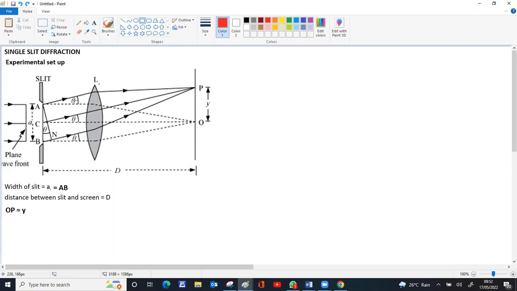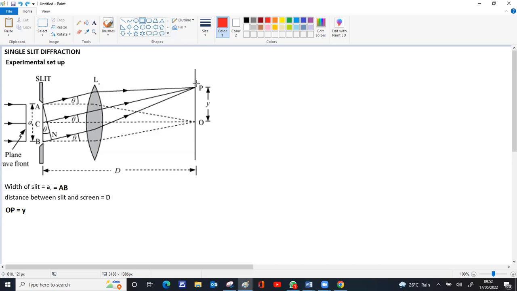I think the primary idea you have is that diffraction is the bending of light around edges of obstacles or a slit, so that it creates a dark and bright pattern or bands on the screen. Here we are going for just the explanation of the pattern, not the basic definition of diffraction.